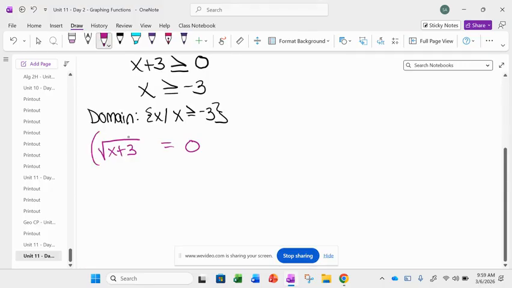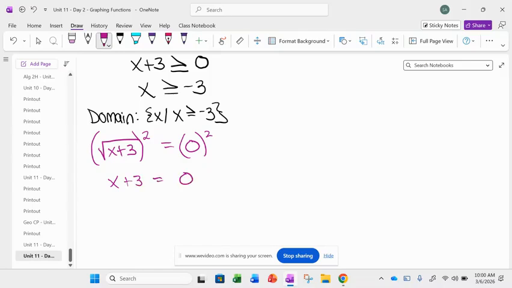And now we solve. So when will the square root of x plus 3 equal 0? Well, to solve this, we're going to start by getting rid of the square root. We get rid of the square root by squaring both sides. So now I just have x plus 3 equals 0 squared, which is still 0. And now we solve. X will equal -3. So where will our graph cross the x-axis? It will cross the x-axis when x is -3. Is this an acceptable answer? How do we check to make sure that it's an acceptable answer?